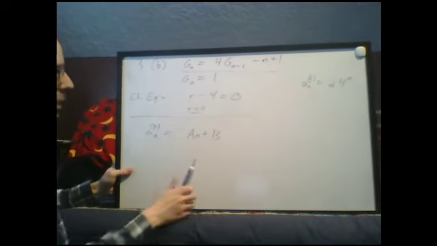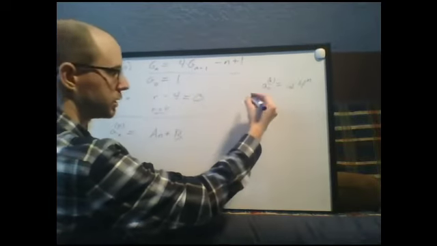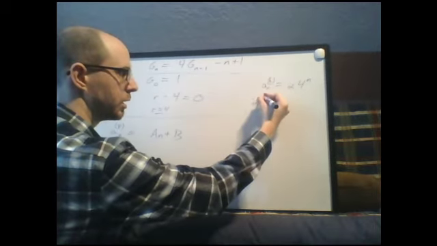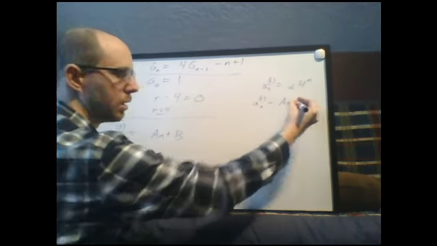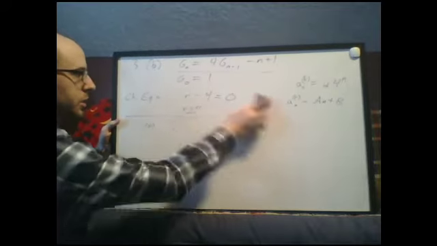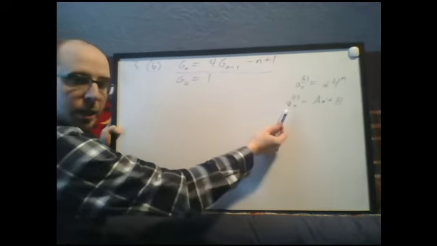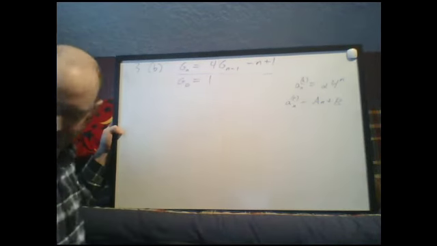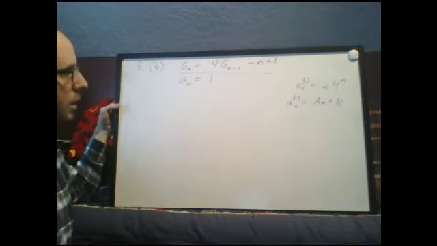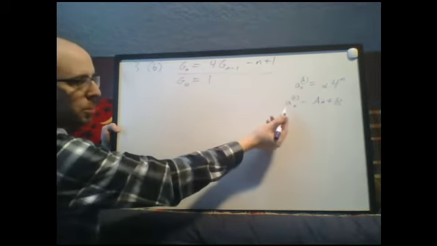So what I'm going to do next is, let me tentatively write my particular solution over here. An plus b. So I can erase all this. To figure out a and b, I'm going to plug APN into my recurrence. So GN is going to be replaced with APN.